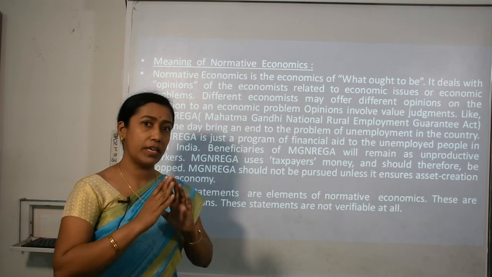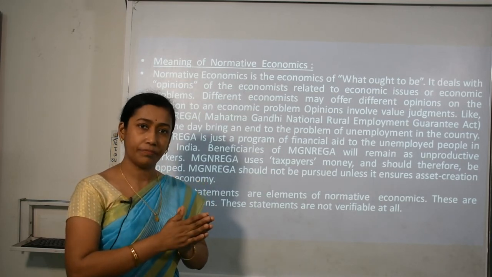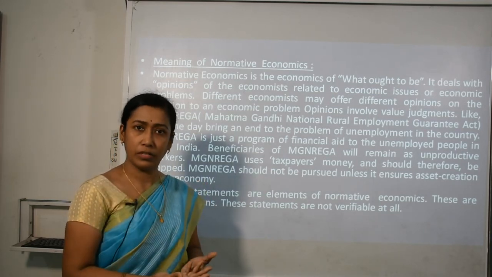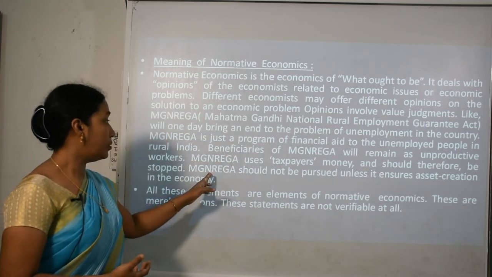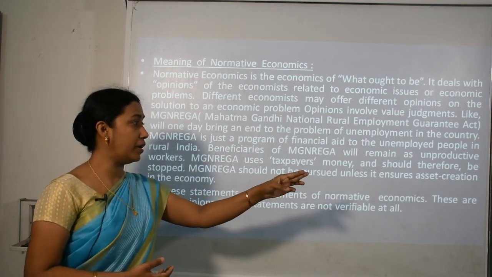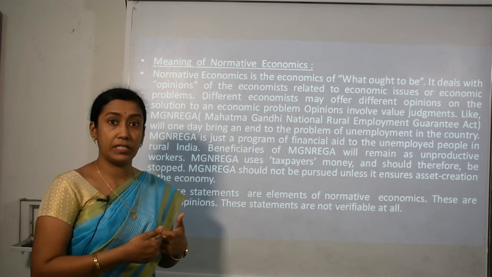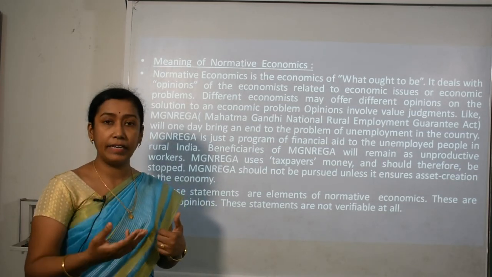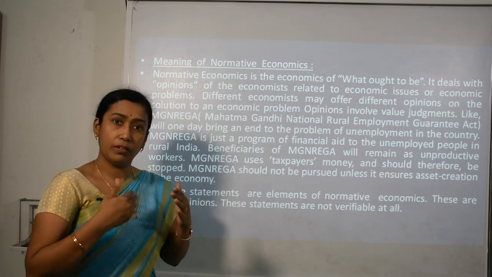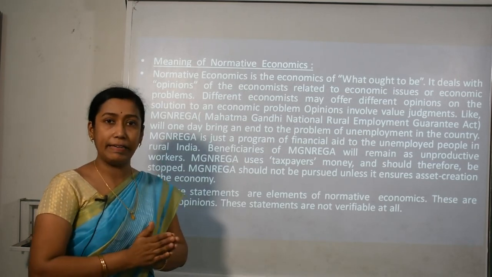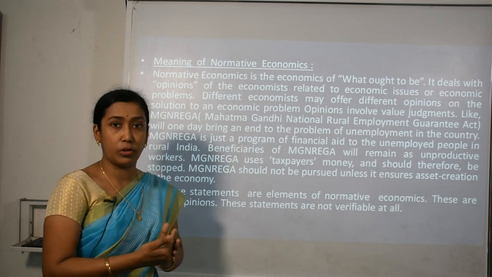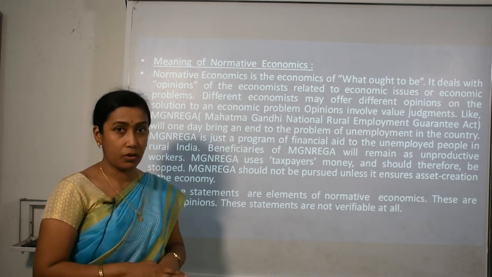So three economists, and everybody has their own opinion, their own vision, their own statement. Another view is that MGNREGA should not be pursued unless it ensures asset creation in the economy. According to this economist, if it is not creating assets or creation of wealth, it should be stopped.